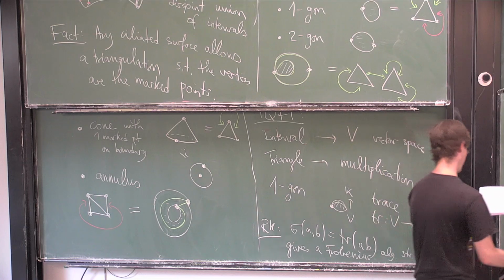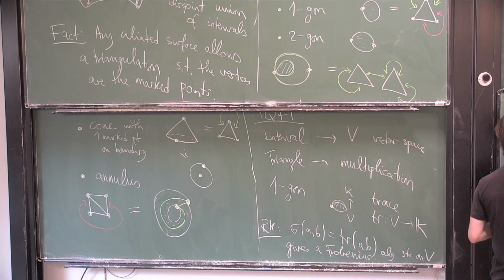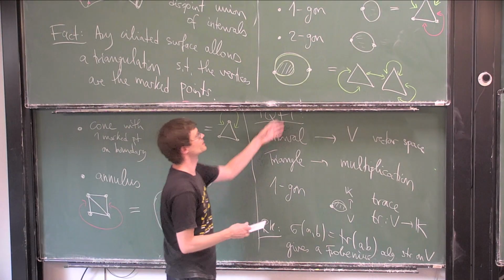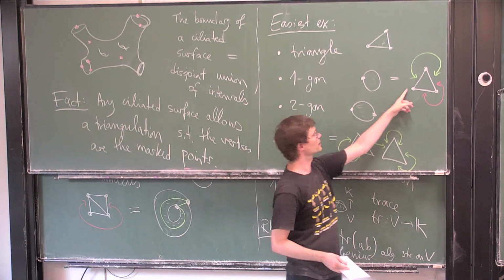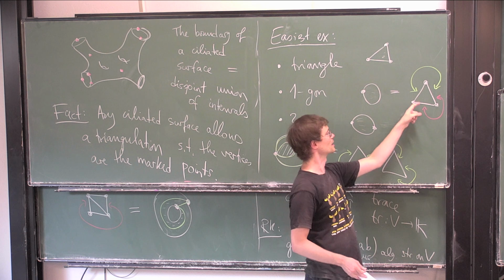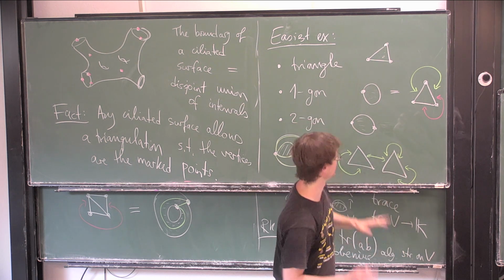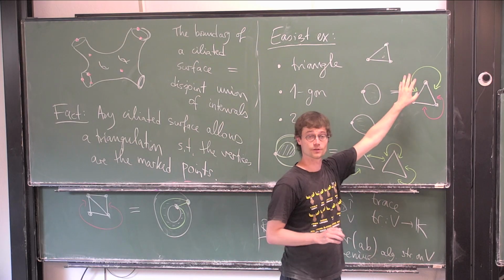Then a really cool thing I wanted to say is there's a notion of an extended TQFT. It's pretty cool, because earlier I raised that the problem with the triangle is that you have 0-dimensional stuff, 1-dimensional stuff, and 2-dimensional stuff. But somehow we decided to throw away the 0-dimensional stuff.